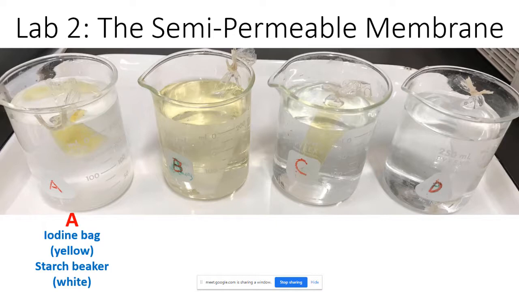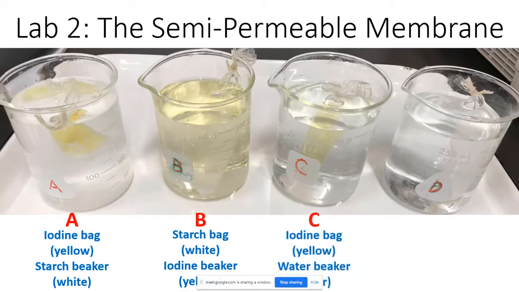So it looks white, starch being sugar, a complex carbohydrate. When you look at B, you've done the opposite. You put a little starch bag in there, so it looks white, and then you've put in an iodine in the beaker itself. Then you've done an iodine bag, but just water, and a starch bag, but just water.